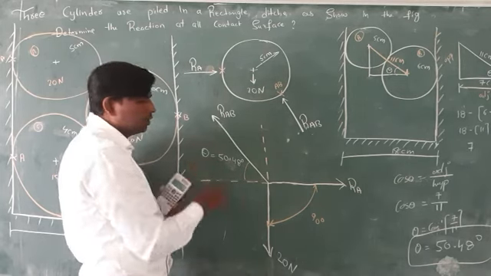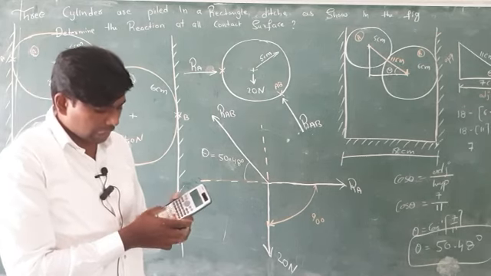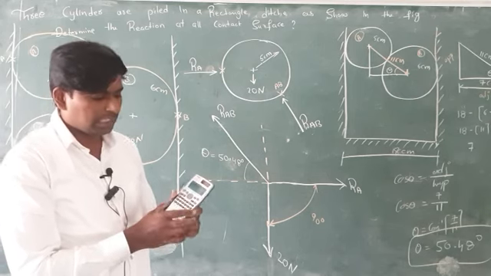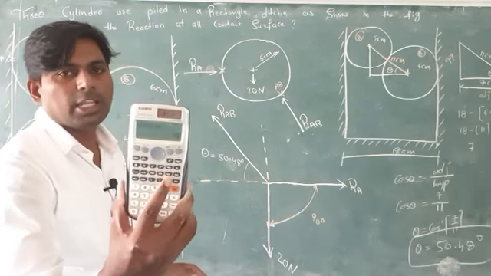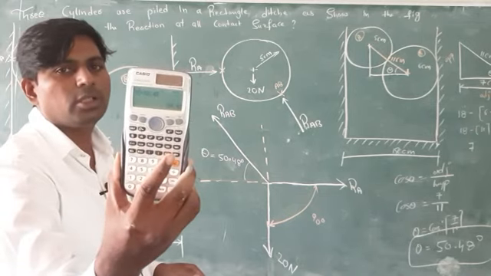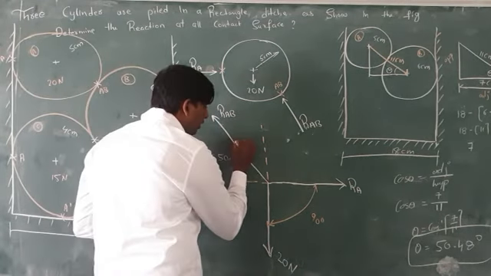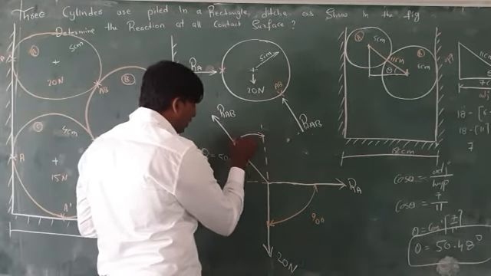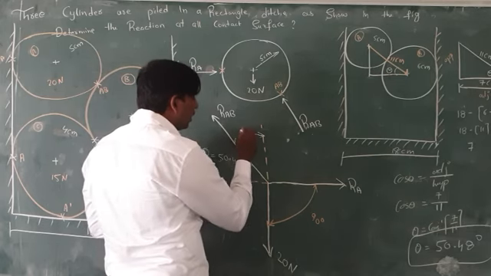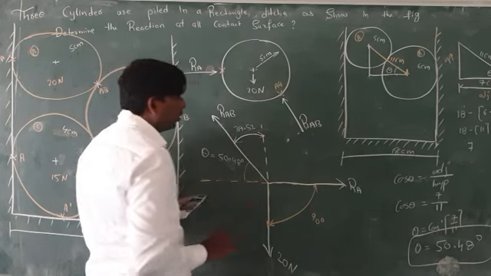From 90, 50.48 is occupied. So you have to do 90 minus 50.48, press equals, and you will get the answer 39.52. So the remaining angle from here to here is 39.52.